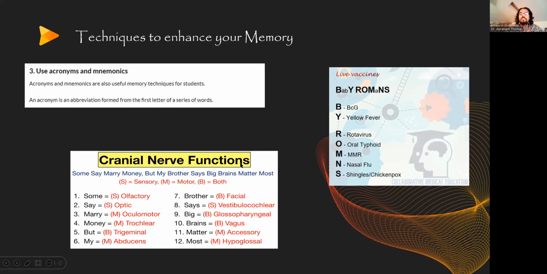Again, cranial nerve functions, we all would have a mnemonic to remember all the cranial nerves. So instead, I'll include here the mnemonic that I choose to remember if a particular cranial nerve is sensory, motor, or both. And I particularly like this mnemonic that they use. So some say Marry Money, but My Brother Says Big Brains Matter Most.